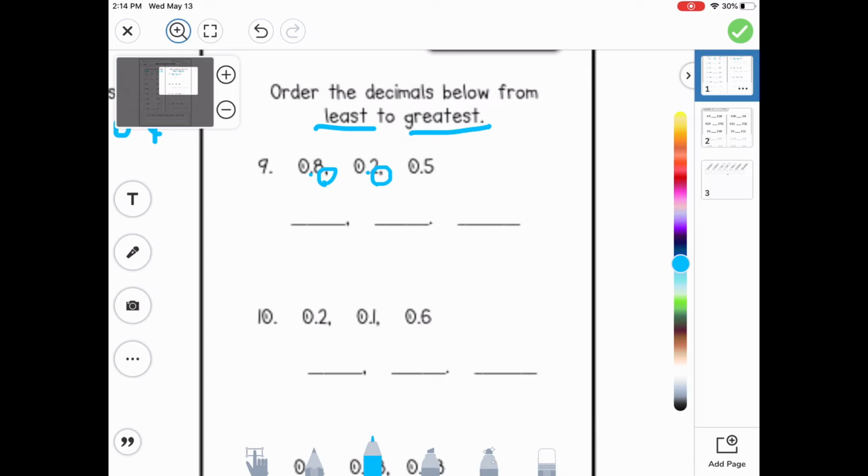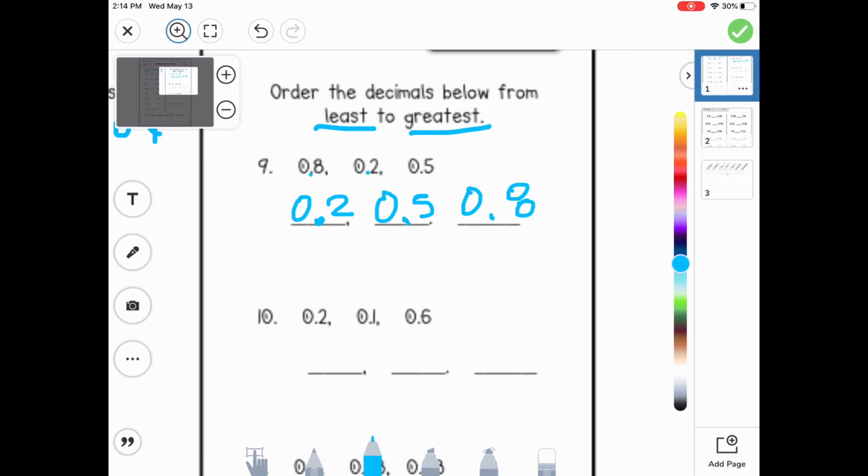So don't let that confuse you. We're looking at the numbers 0.8, 0.2, and 0.5. So to put them in order from least to greatest, the smallest number is going to be 0.2 or 2/10, and then 0.5 or 5/10, and lastly 0.8 or 8/10.